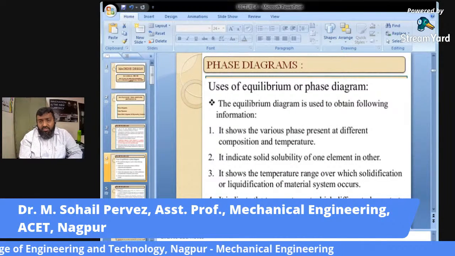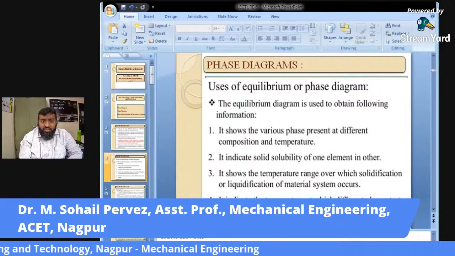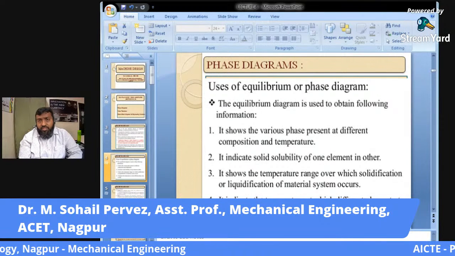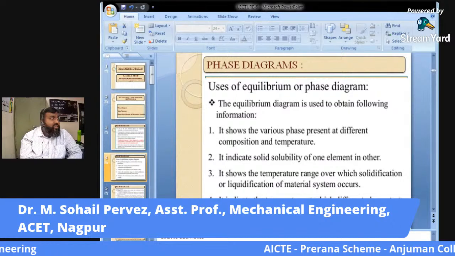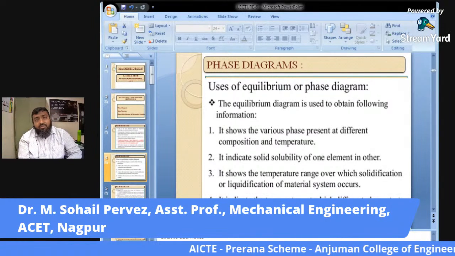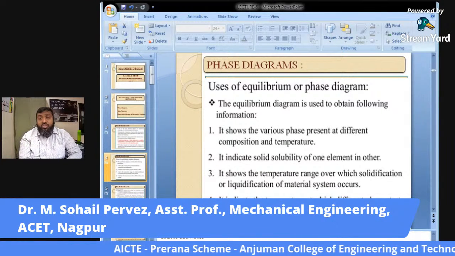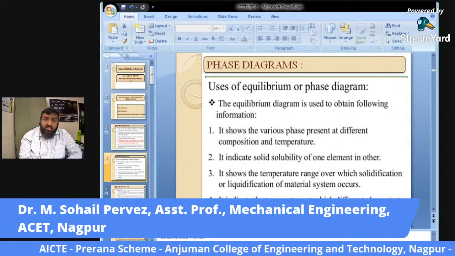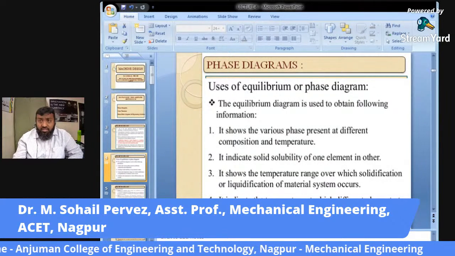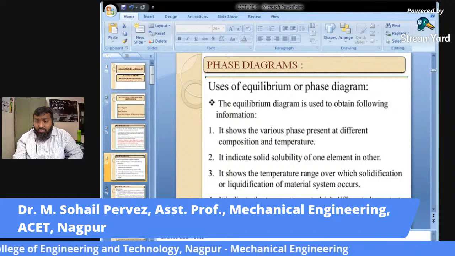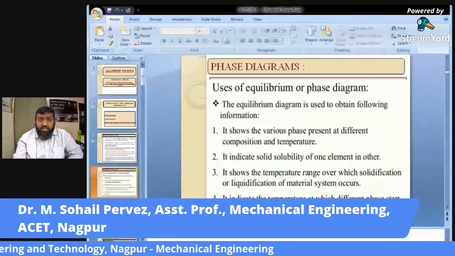Since we have different materials, unary, binary, tertiary also, it shows basically the phases present in the material. It indicates solid solubility of one element into another, which is very important for our alloying.